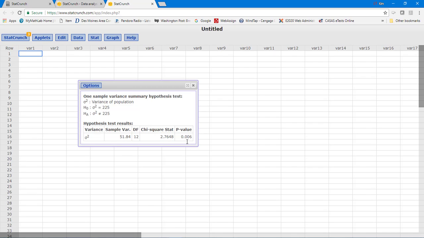Since our p-value is so small, we can reject the null hypothesis that the variance is equal to 225, or the standard deviation is equal to 15. And our summary can be, this study gives evidence that the standard deviation of the population of statistics professors is different from the standard deviation of the entire population.